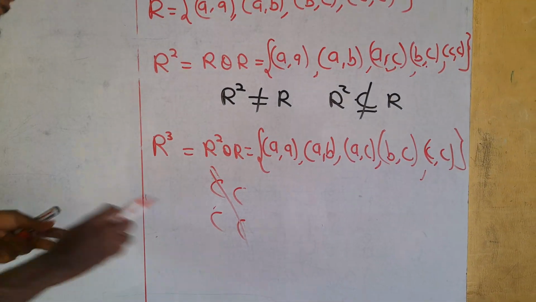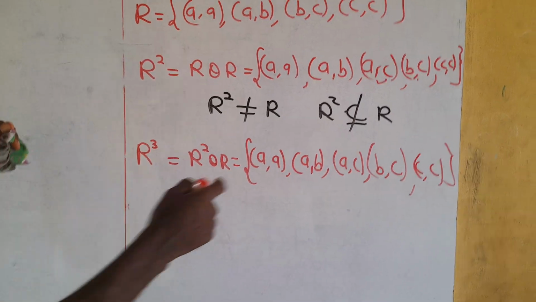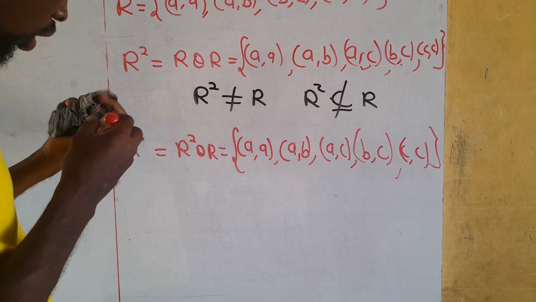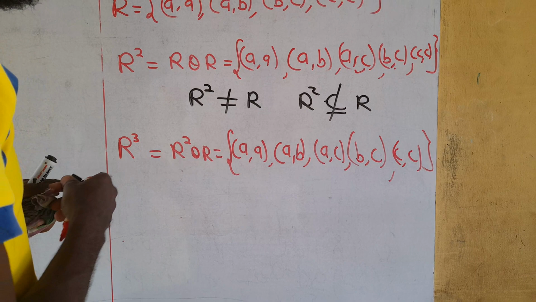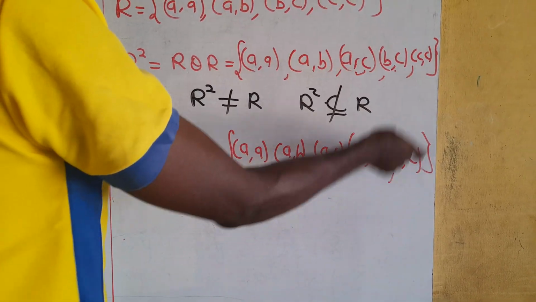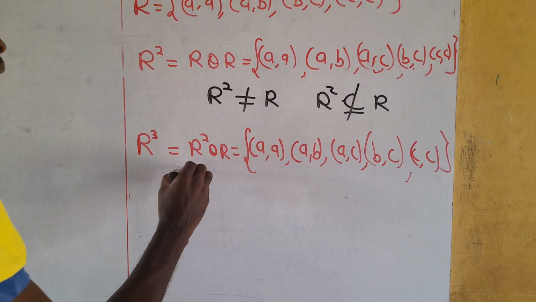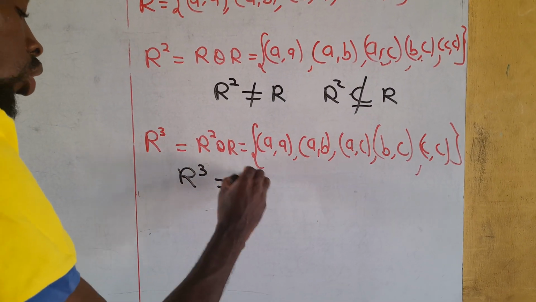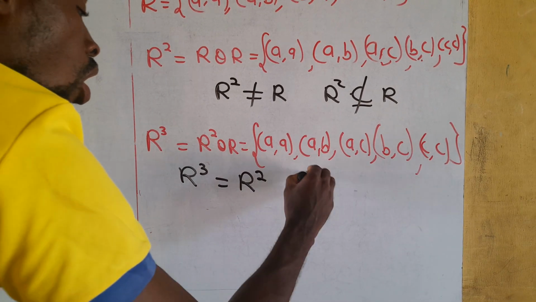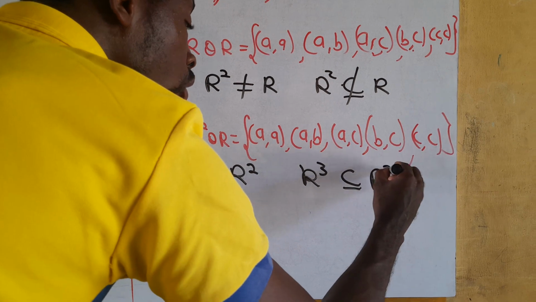Now we'll compare our R cube against R squared. So there is AA there. We have AB. We have AC, BC, CC. Then we can say that our R cube is equal to R squared, or R cube is a proper subset of R squared.